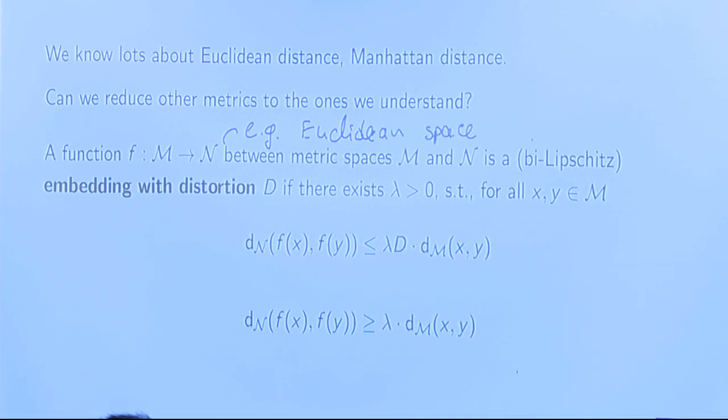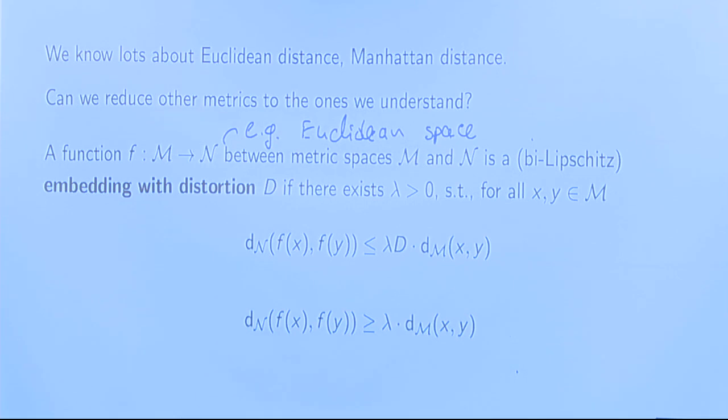So think of n as something nice. And what do we ask from this function that maps our metric space that we're trying to understand, but maybe we don't really understand so much? It maps this M into Euclidean space in a way that approximately preserves distances.